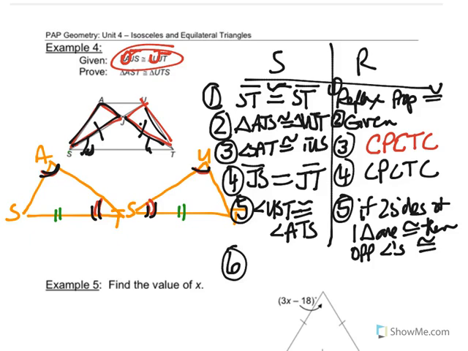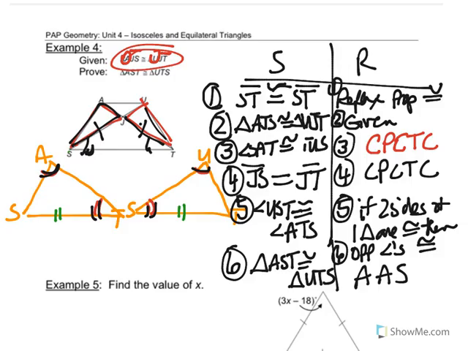Okay, and then finally we can do our proof. Number 6, triangle AST is congruent with triangle UTS. And what are we using for that? AAS. So let's make sure we have our statements in there.